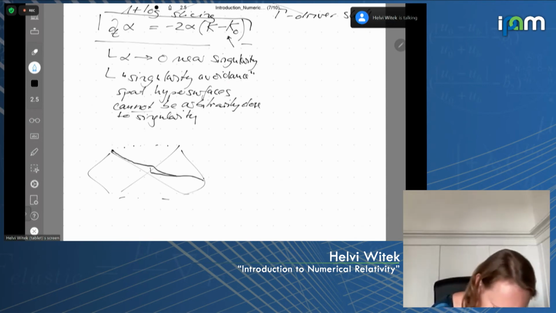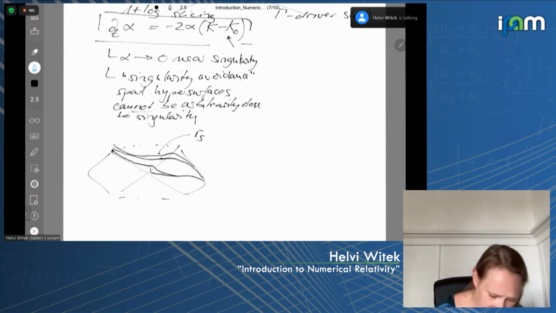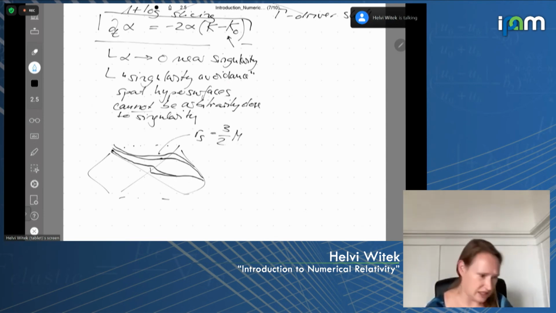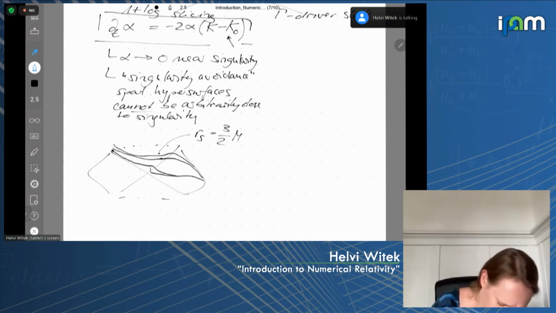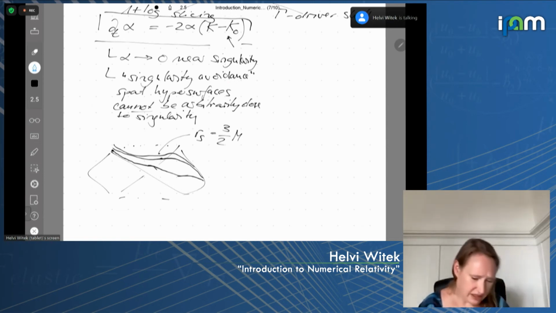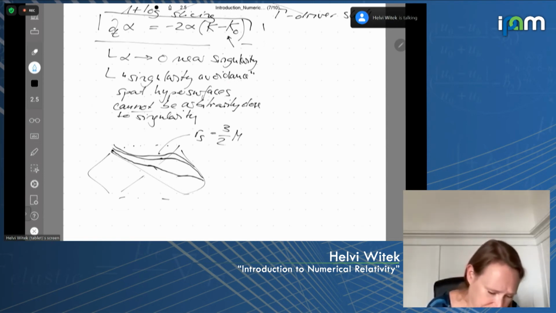If we evolve that forward in time, again, they go in and then basically pile up close to this surface here, and that surface is at a radius of 3/2 times M, where M is the mass of the black hole. So this is what our slices do, and as I said, my drawing is not great, but I really just wanted to give you a gist of what's happening here. And that's what we are doing for the lapse.